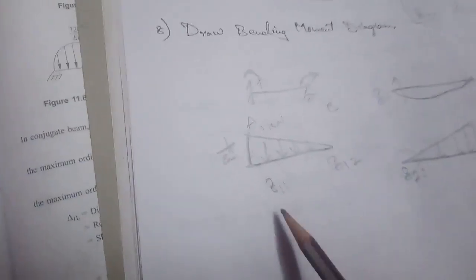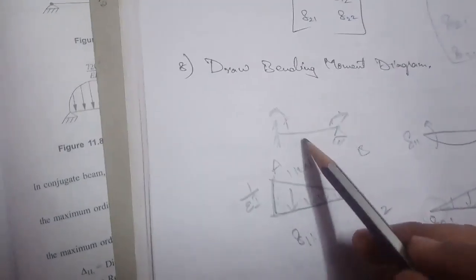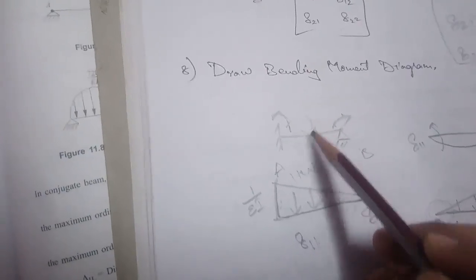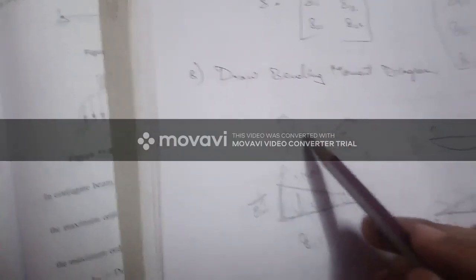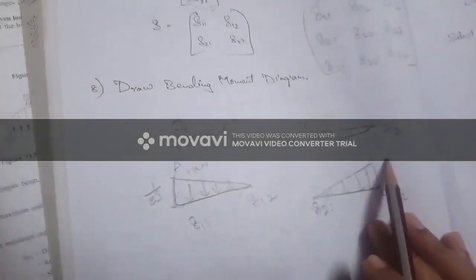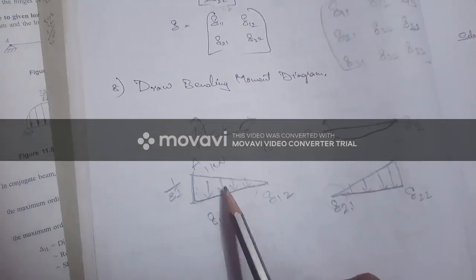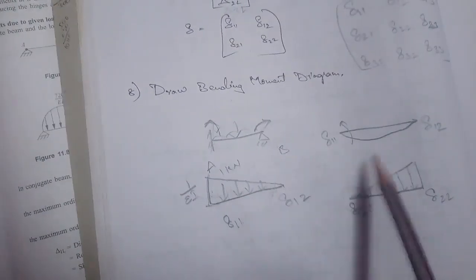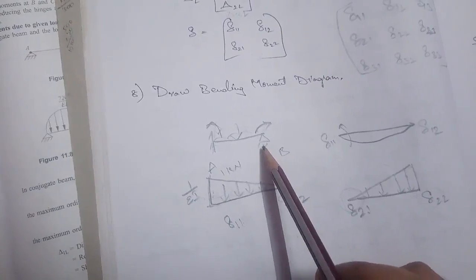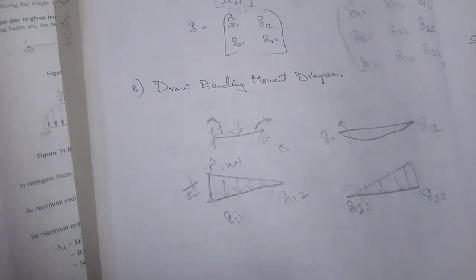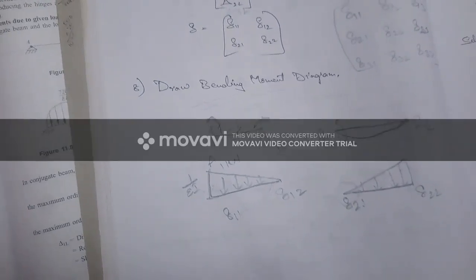Normally, other than the loads which are released, there may be a point load or UDL or UVL or other loads. So these loads we are going to compare with the loads we have got with respect to these releases, and then we will draw the bending moment diagram. This is how we go for analysis.